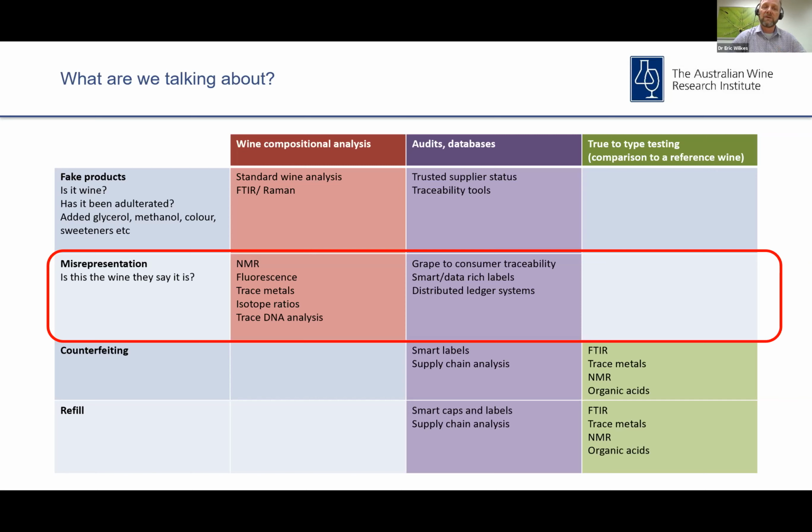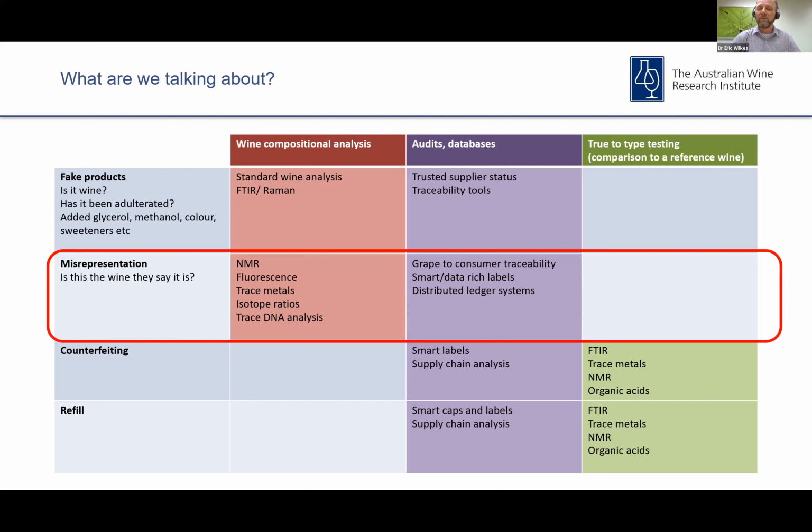The other tool that's used in misrepresentation, and this is what we see in the market all the time, are tools that are essentially market-facing, consumer-facing, grape-to-consumer traceability. So in other words, having smart labels and data-rich labels that someone can use on their phone, take a picture of it, and that links to, does this wine come from where it is?